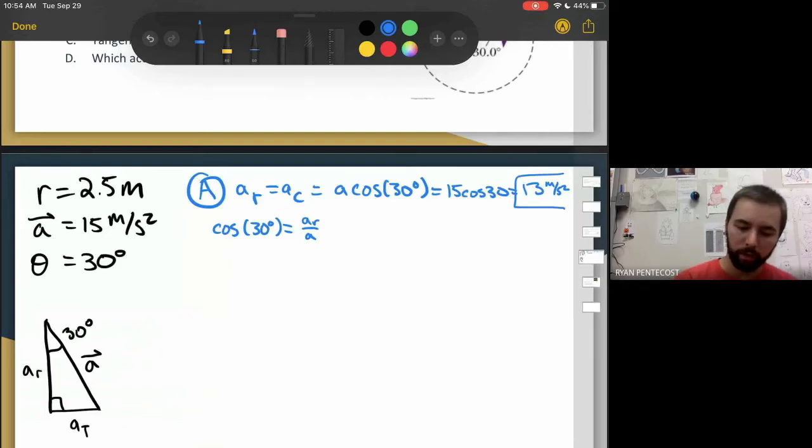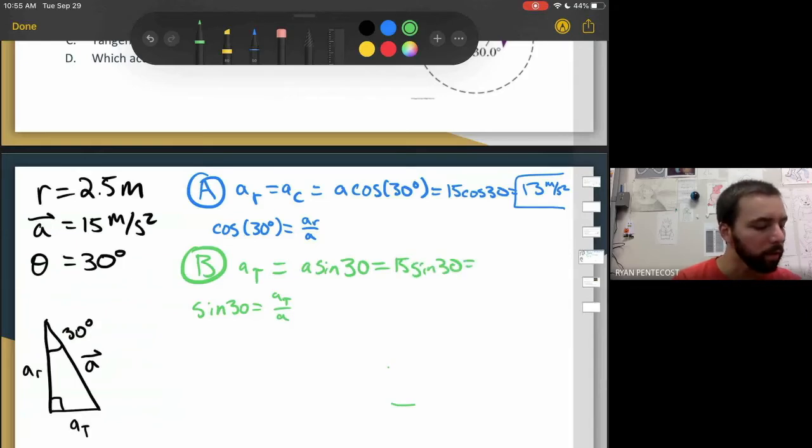Now let's find part B. We want tangential acceleration, AT. We already have the triangle drawn, so this should be relatively simple. That is opposite of that angle, so we could use sine of 30 equals opposite over hypotenuse. So this leads to 15 sine 30.